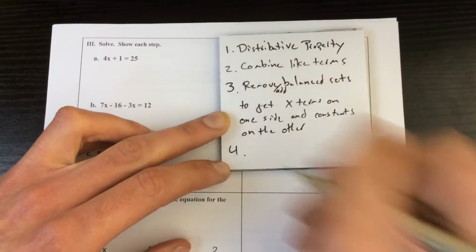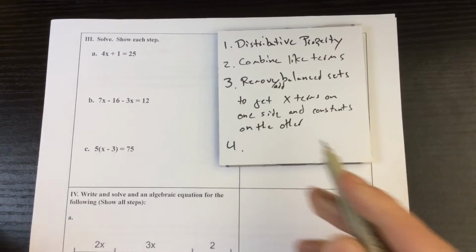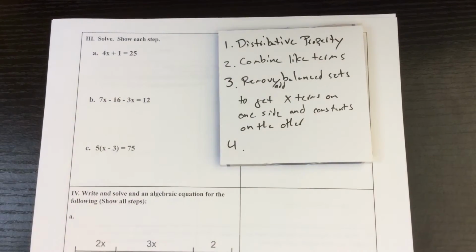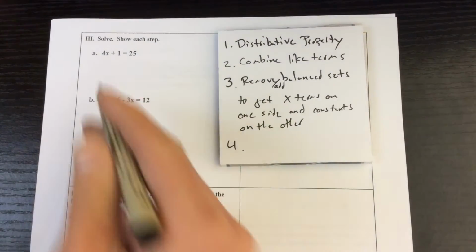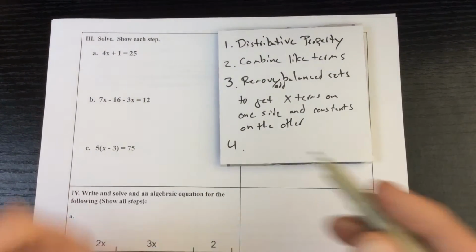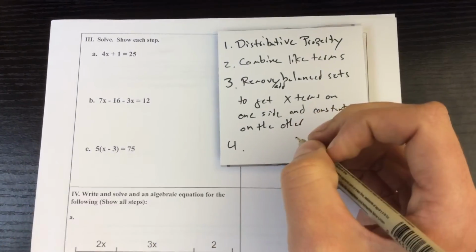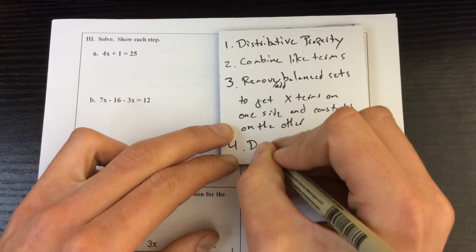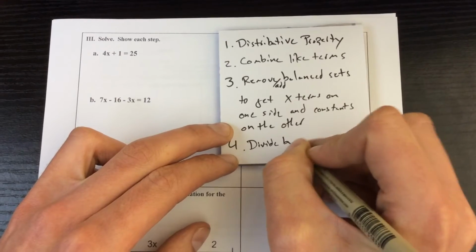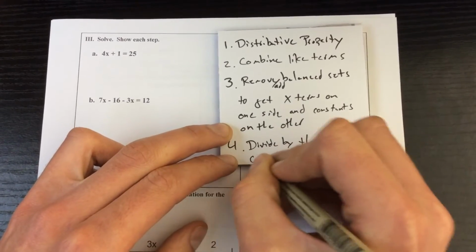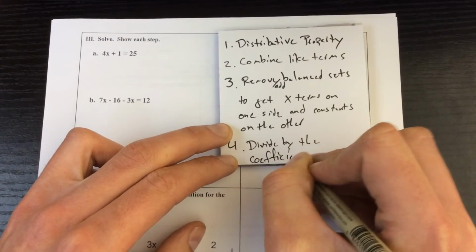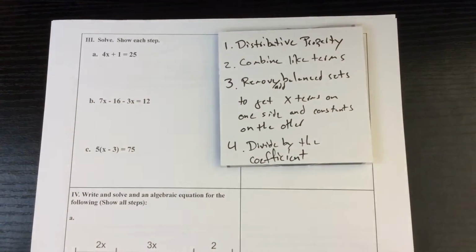And then finally, once you've done that, so this would be like, now I'm in a situation like 4x equals 24, which is where we're going to be in about 2 seconds when I get there. And then number 4, the last step would be divide by the coefficient, which is the number that's being multiplied by your variable.